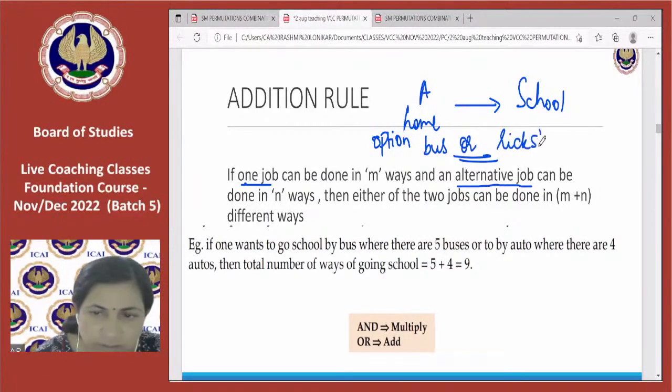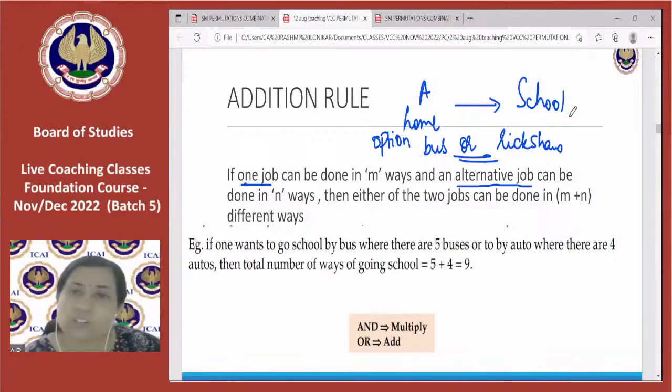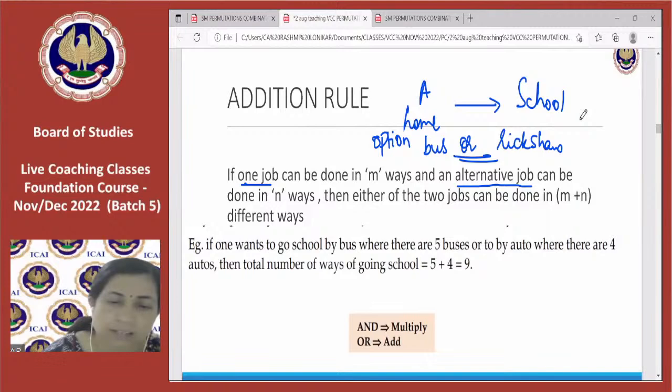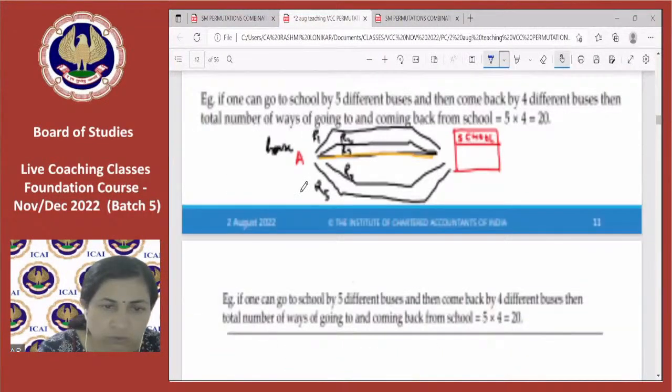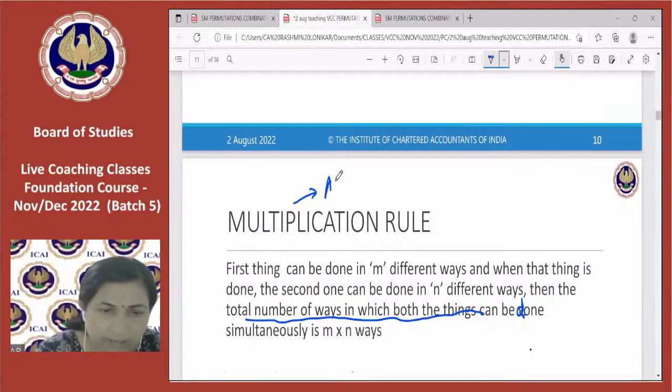You saw the word or coming into use. When you are using the word or, it implies you have to use the addition rule. Multiplication rule is when the word and is used.